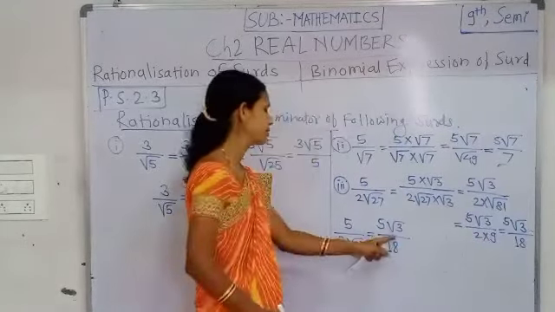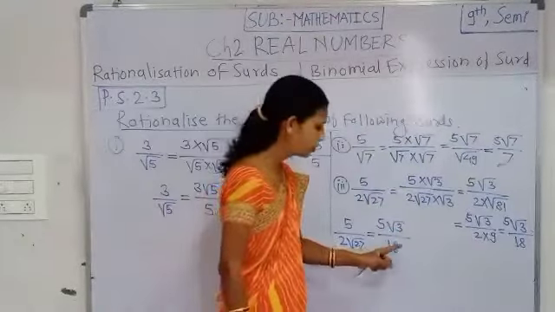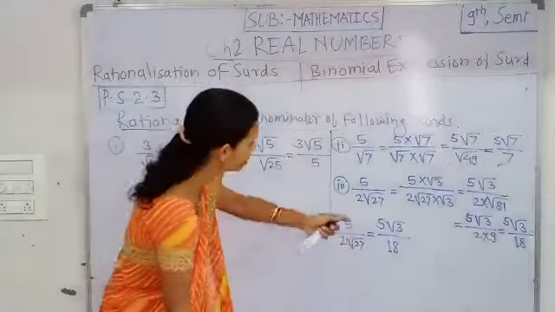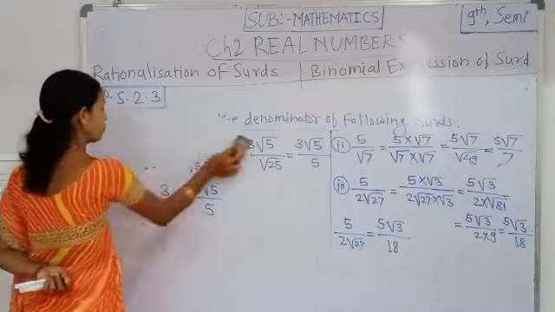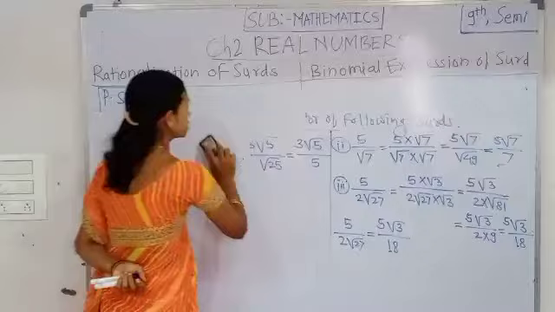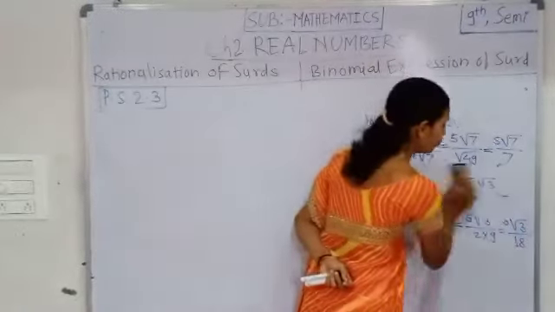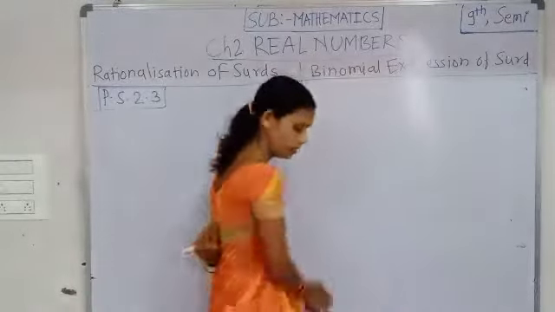Here, in this surd, 18 is the denominator which is a rational number. That is about rationalizing the denominator of a given surd from practice set 2.3.